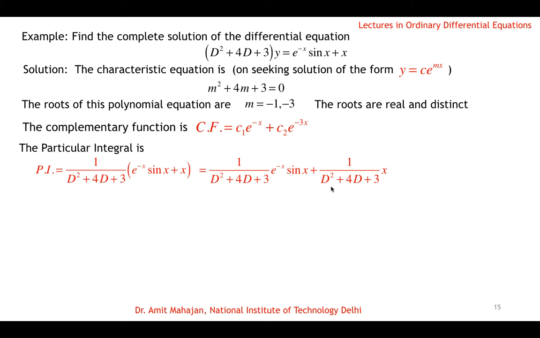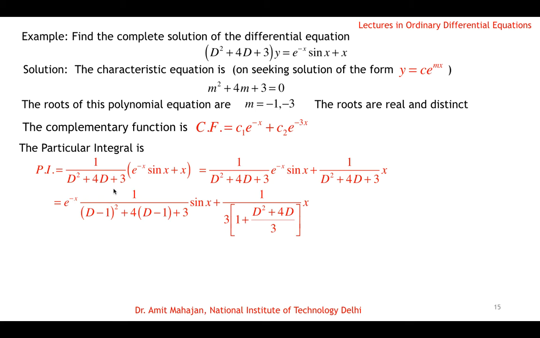For the polynomial, take the lowest power term outside, which is 3, take 3 outside and then expand with the binomial. So the exponential goes outside, D is replaced with D minus 1. Now this operator will be operated on sin x, and here 3 is taken common. Now take this to the numerator and expand with the binomial only up to the term in D, because the derivative of x will be 1 and the second and third derivatives will all be 0.